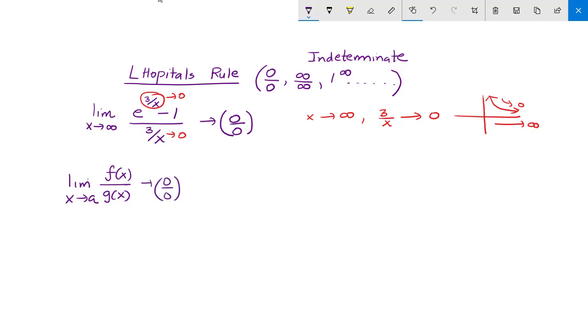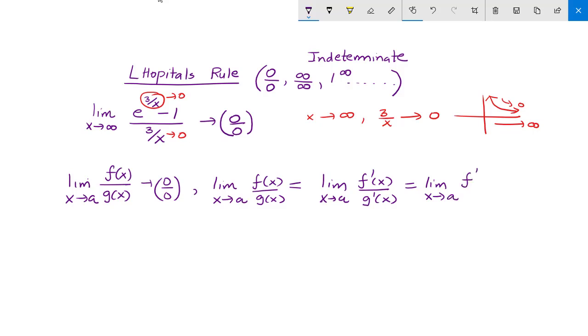Then this limit, as x approaches a of f of x by g of x, is the same as the limit as x approaches a of the derivative f prime of x by g prime of x. And if it is still a 0 by 0 form, you can continue on to the second derivative and so on.